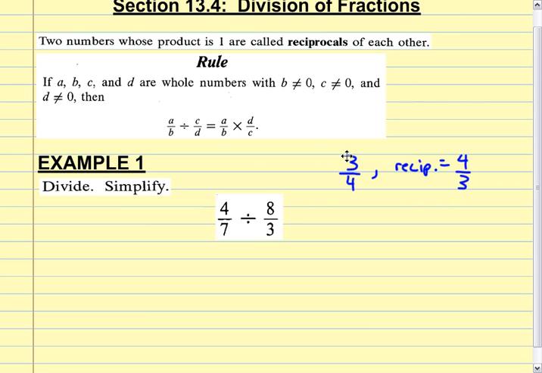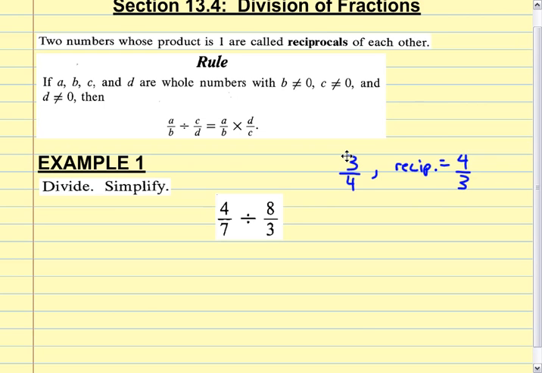Okay, Sarah Kay, yes ma'am. That means that B cannot equal 0 and C cannot equal 0. Raise your hand if you can tell me why in this example B and C and D cannot equal 0. Why is that, Maggie H?